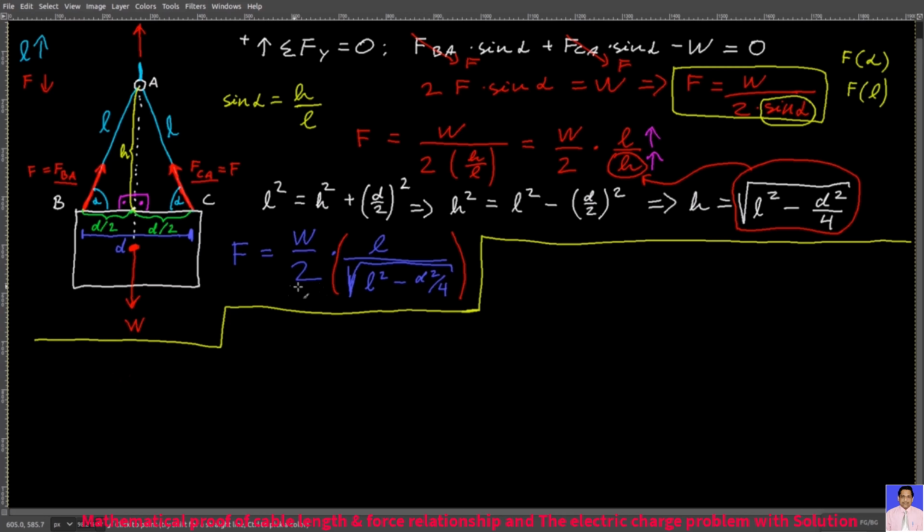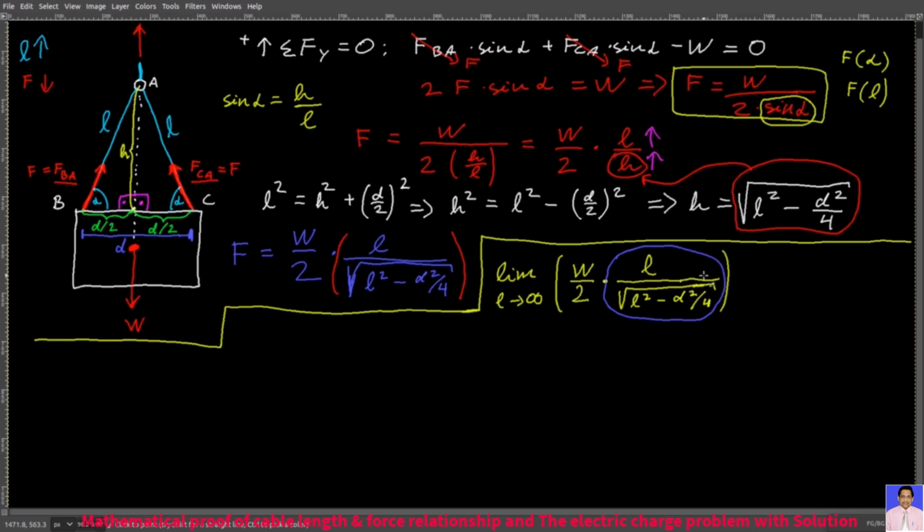But now what I will do, I will take the limit of this function. So I will write limit as L goes to infinity, meaning as L increases. So I have this function here, and now I need to find this limit. So what I will do on the side, I'll take this portion of the equation and I will reorganize it like this.